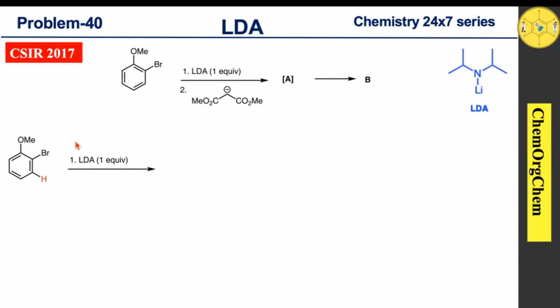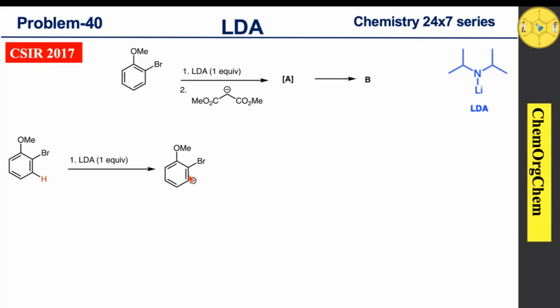When you come to our substrate 2-bromoanisole, this CH position is more acidic, since this position has a bromo atom and this position has a methoxy group. Both groups withdraw electrons inductively, which makes this position more reactive. Therefore LDA readily abstracts the proton from this side, which produces the corresponding species.